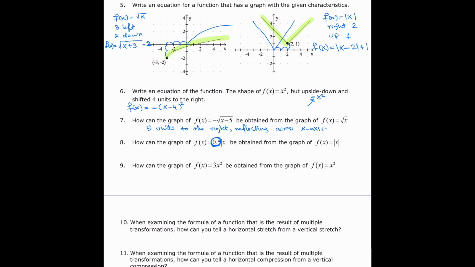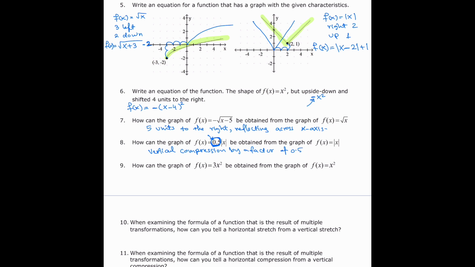So because it's vertical, it is a vertical compression by a factor of 0.5.